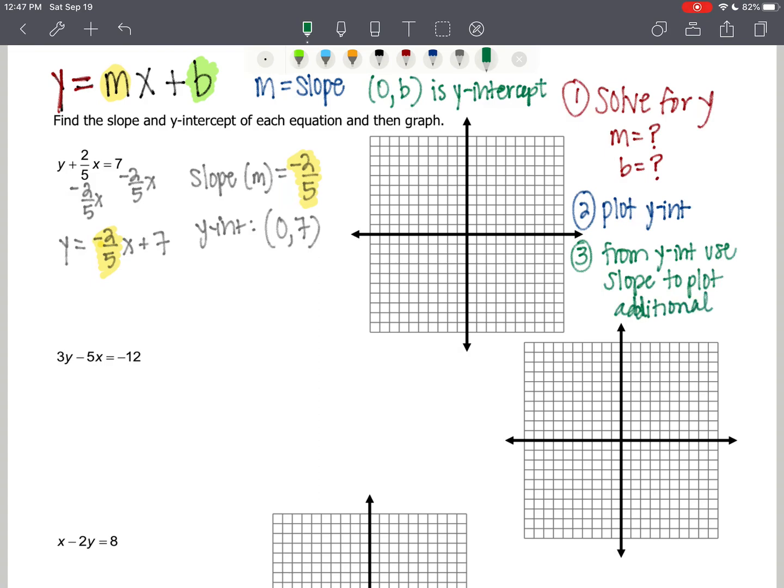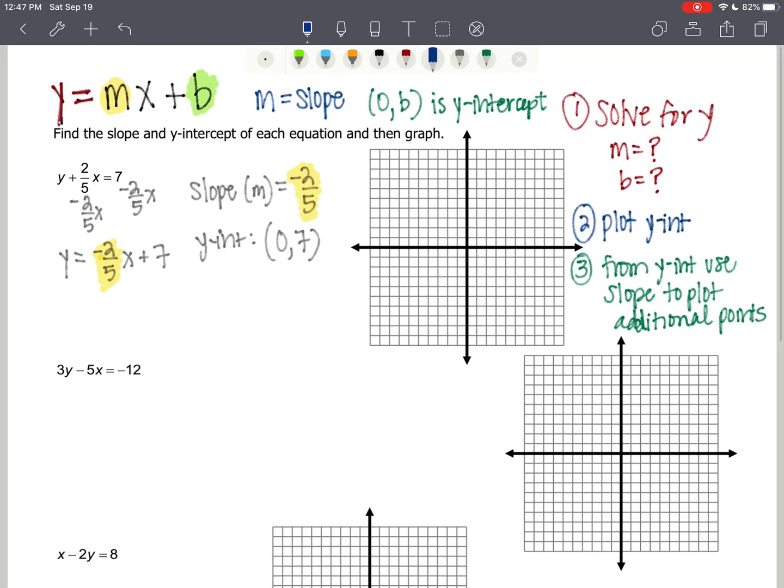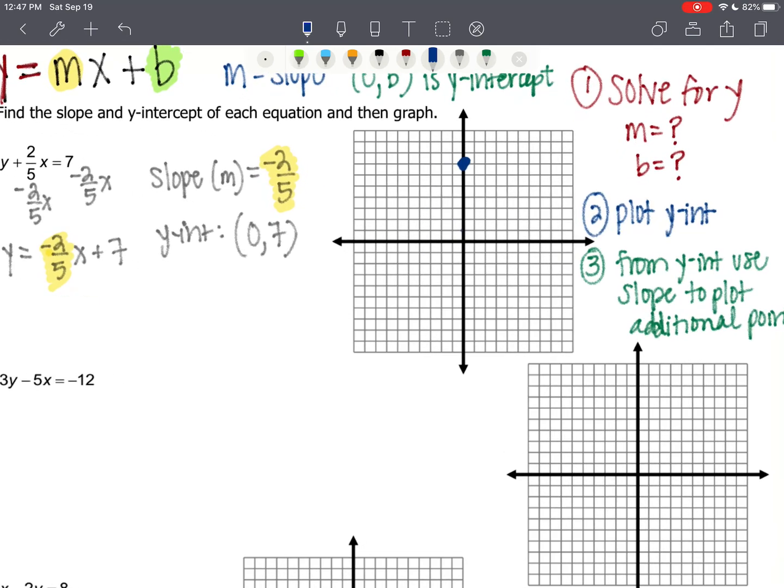And we will plot as many points as we possibly can on the grid that we're given. So 0, 7 is our y-intercept. 1, 2, 3, 4, 5, 6, 7.